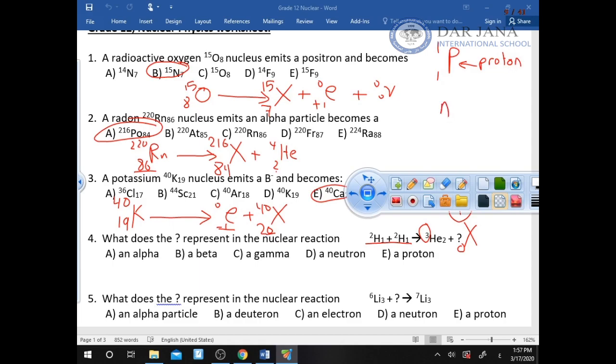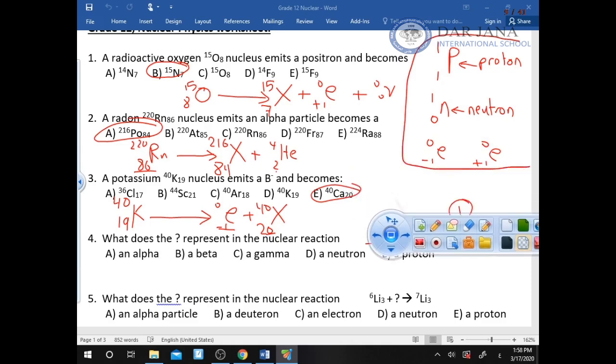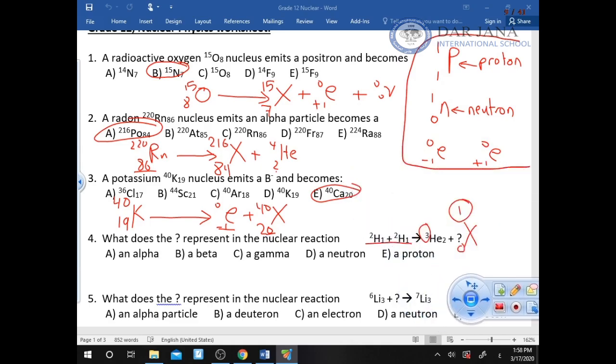Neutron, it has charge 0, mass 1, which is the answer for the question. Electron minus 1, 0. Positron e plus 1, 0. We should know this very well. So here we have 0, 1. So that's a neutron. Let's take another example.